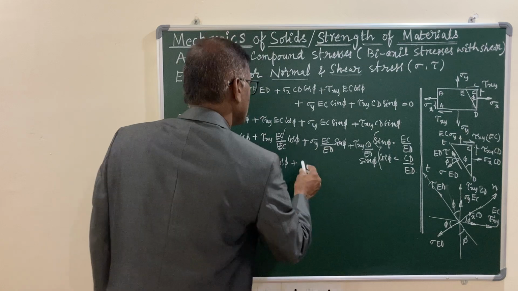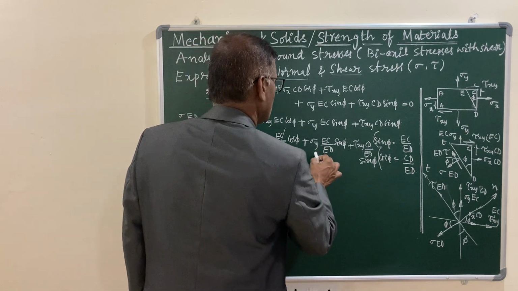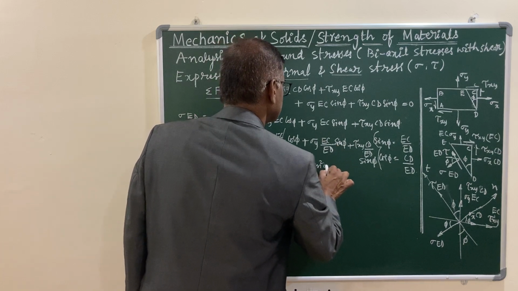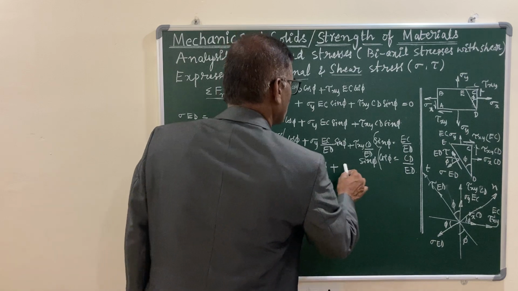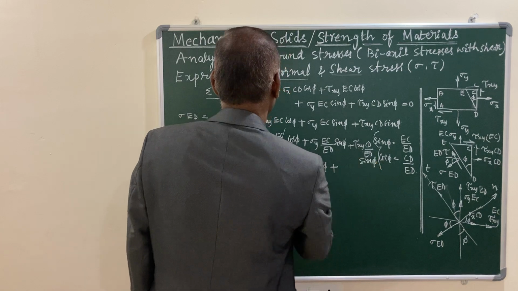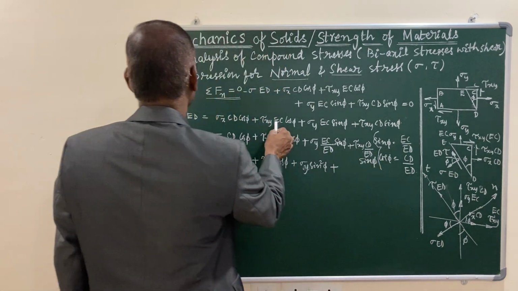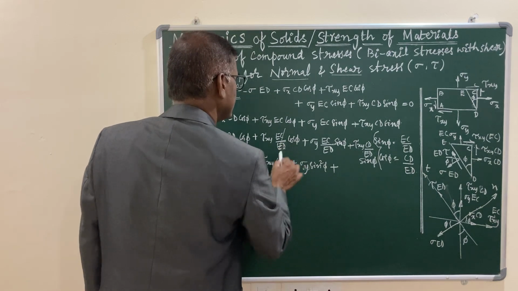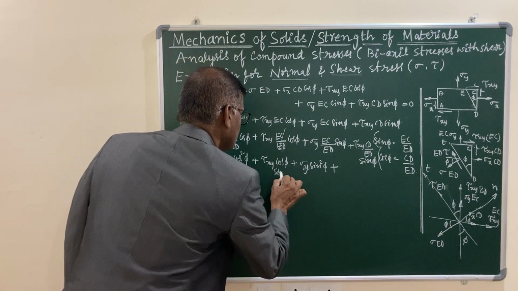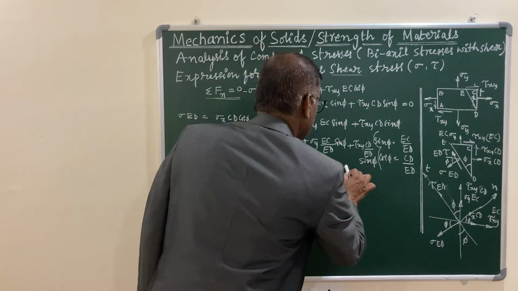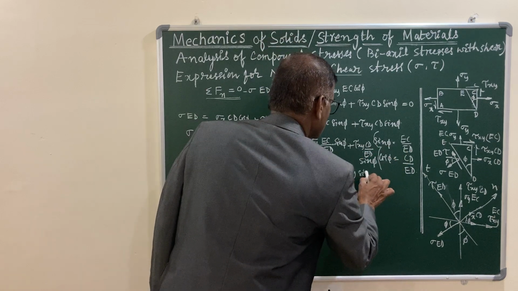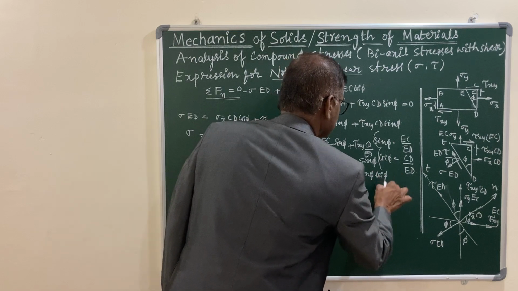EC by ED is sin phi, and that becomes sigma y into sin square phi plus the last term tau xy, and it is CD by ED. Here EC by ED is sin phi. So you have here cos phi and sin phi, and the last term tau xy, here sin phi is there and this is cos phi. So you have sin phi and cos phi.